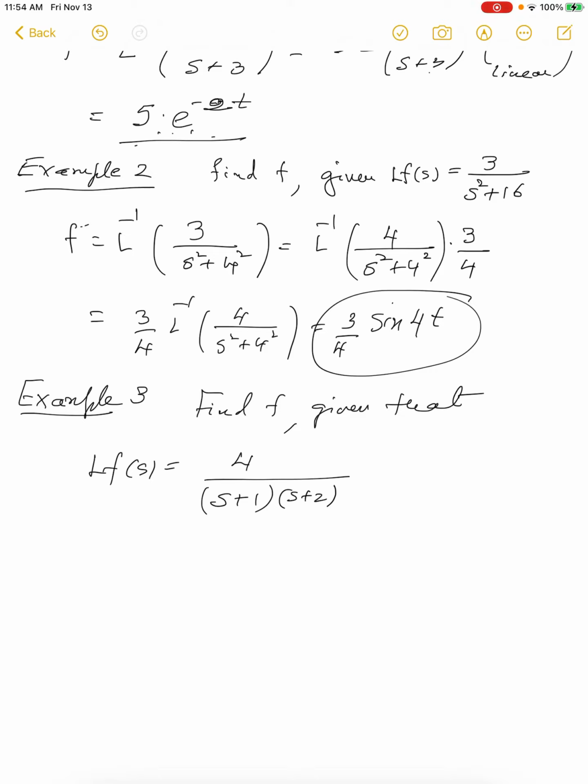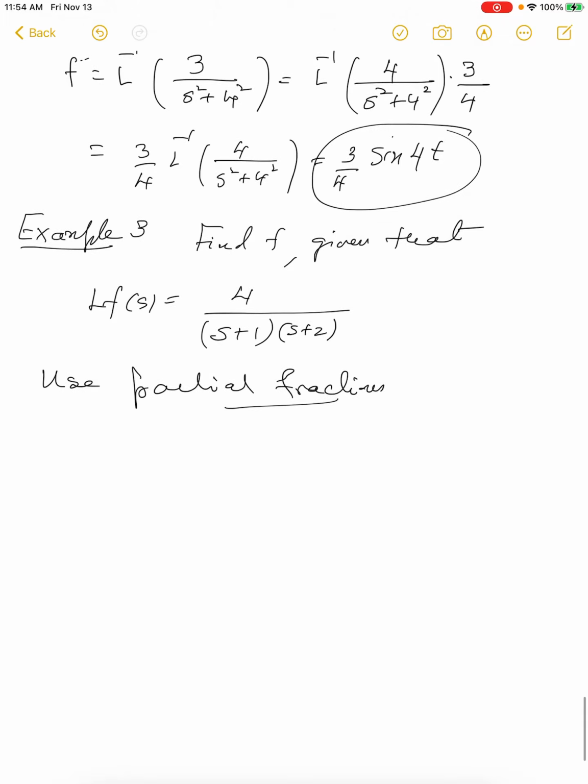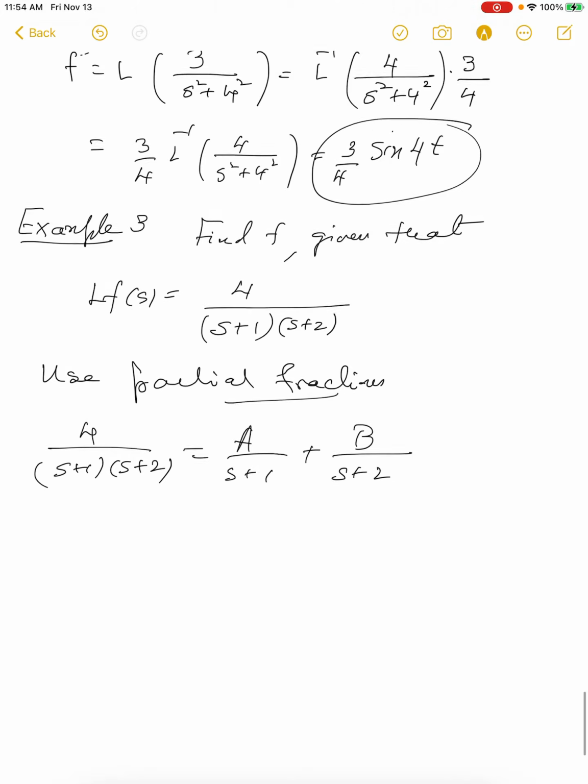So use partial fractions to write this right hand side as a sum of terms of the form constant over s plus 1 and another constant over s plus 2. So let us write 4 over s plus 1 times s plus 2 as a over s plus 1 plus b over s plus 2.